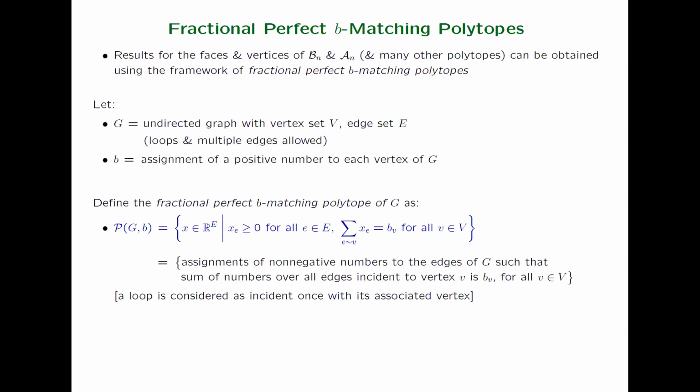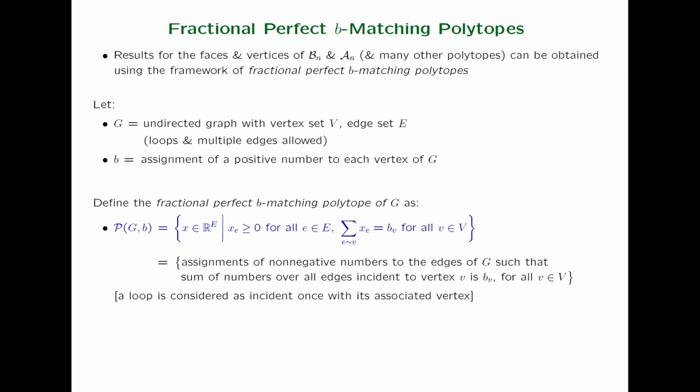Okay, we're now finally down to item 4, proofs and results using perfect matching polytopes. The results that I presented earlier, such as the fact that the dimension of a face is the number of edges minus the number of vertices plus the number of components of its graph, can all be done in this framework here, where we're now looking at a general graph, which can actually have loops and multiple edges as well.